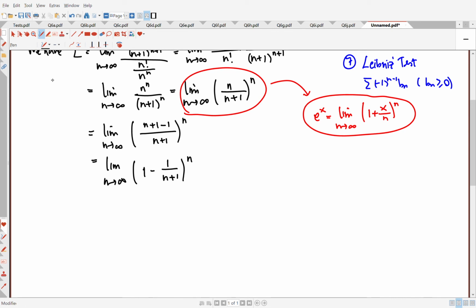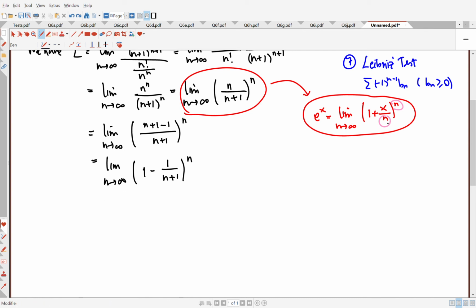But here we need n here and n here, but they are not the same, but we can force it to be the same by doing this.